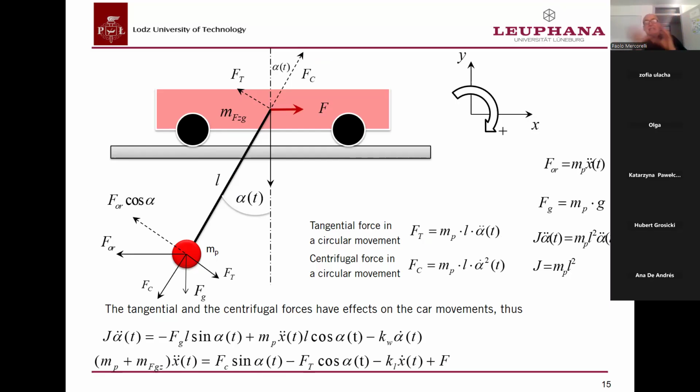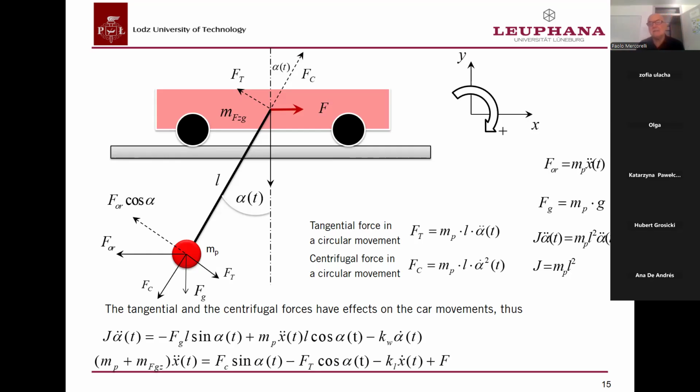But yes, the system is complicated because we have two movements, a rotational movement combined with, let me say, a linear movement. Therefore, we have a centrifugal force. We have this Coriolis force. Anyway, it's not so immediate to build the model.